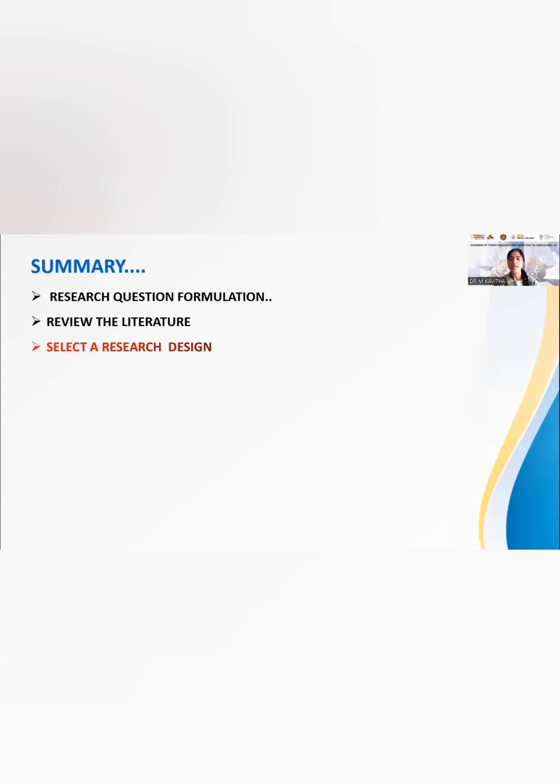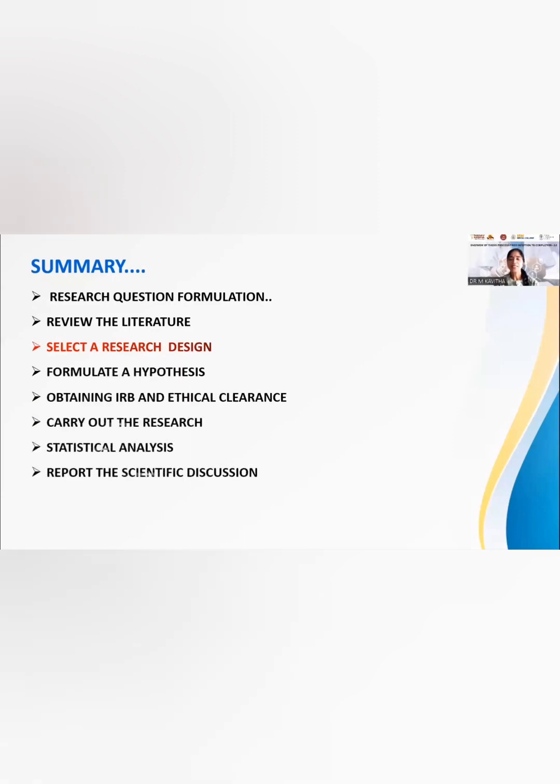Consider what impact your research could have and design your methodology appropriately to ensure your data answers your research questions. And good research design should minimize bias, maximize reliability of the data, and yield maximum information.